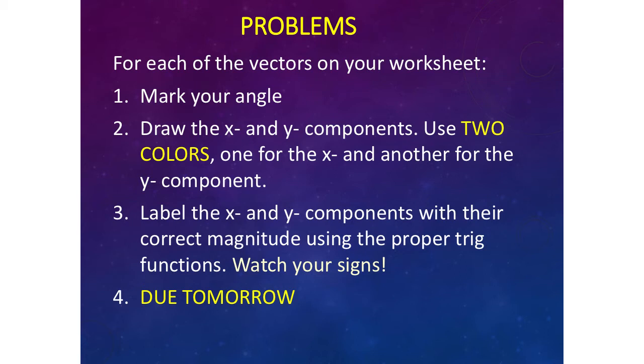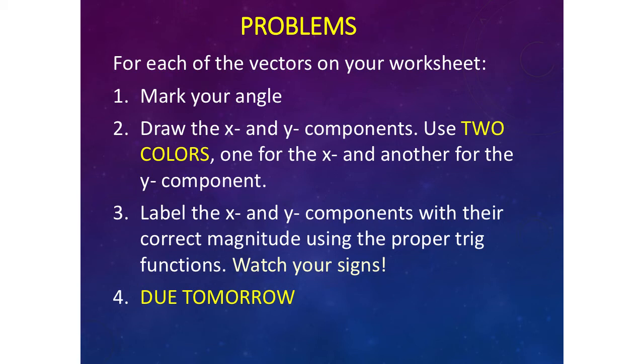Now, we're going to practice a lot here. We're going to get a couple of worksheets where we're just taking vectors and we're analyzing them, breaking them down into their x and y, or their horizontal and vertical components. And then on one of the worksheets in particular, we're doing those trigonometry calculations to get an answer, to solve for something. When you are doing this, you're going to need to mark your angle.